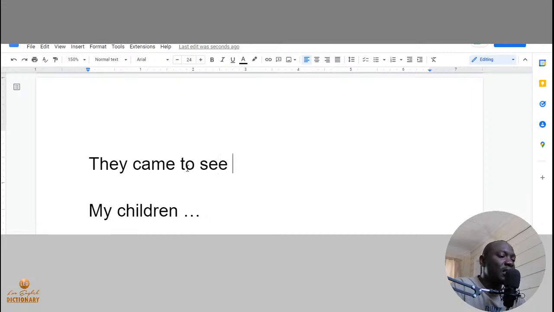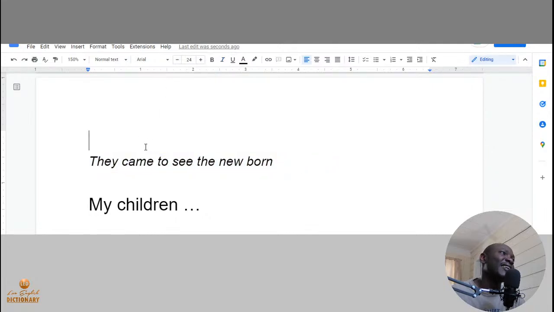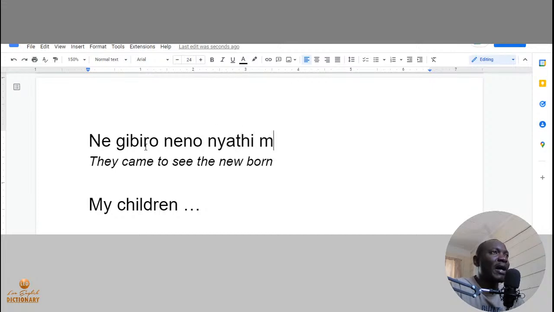They came to see the newborn. Like Jesus, huh? That will become, wait, that's like humor right there. They came to see the newborn. Ne gibiro neno nyathi ma onyuol.